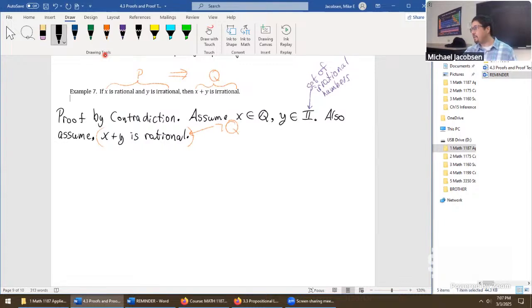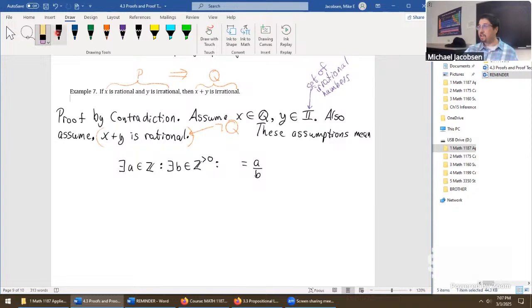So let's begin by saying these assumptions mean, starting with X, there exists an integer A in Z, there exists B in Z, non-negative, so greater than 0, such that X equals A divided by B. So not too different so far than the first problem that we started off with today.